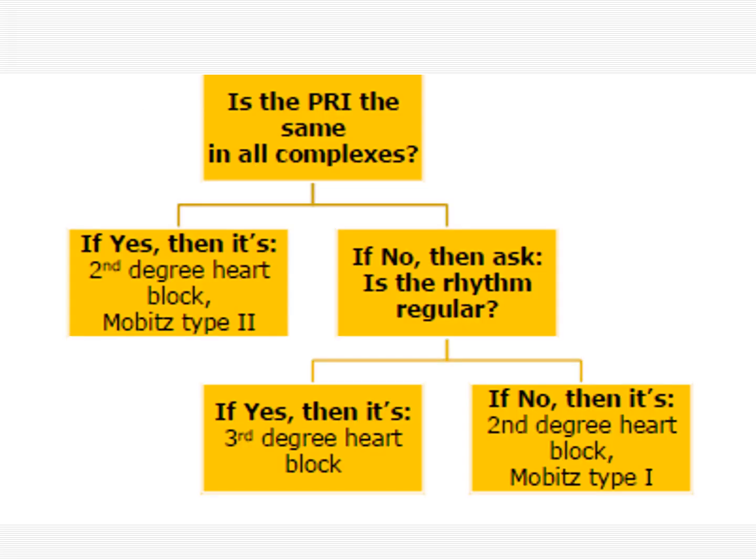Okay, so we're going to move on and talk about some bundle branch blocks. We have a few more slides here. So these are some of the things that you ask yourself, trying to figure out if it's type 1 or type 2 or type 3. So just looking at the PRI and all the complexes. Is the PR interval the same in all complexes? If yes, then it's second degree type 2.